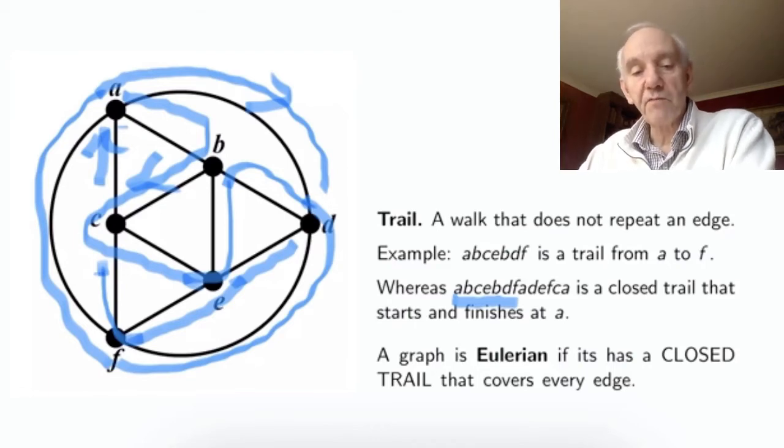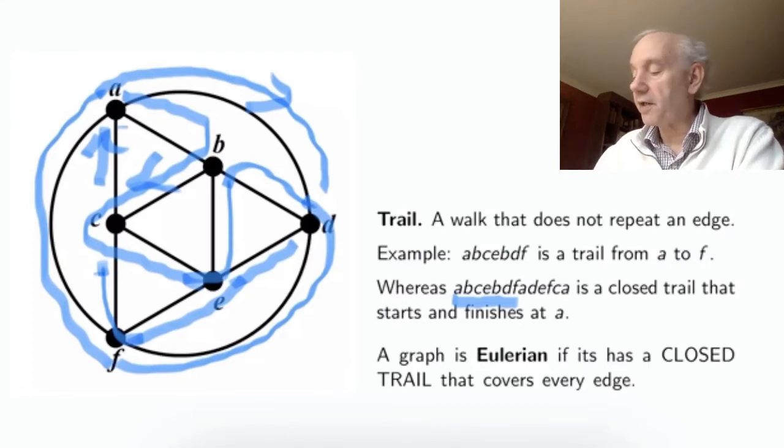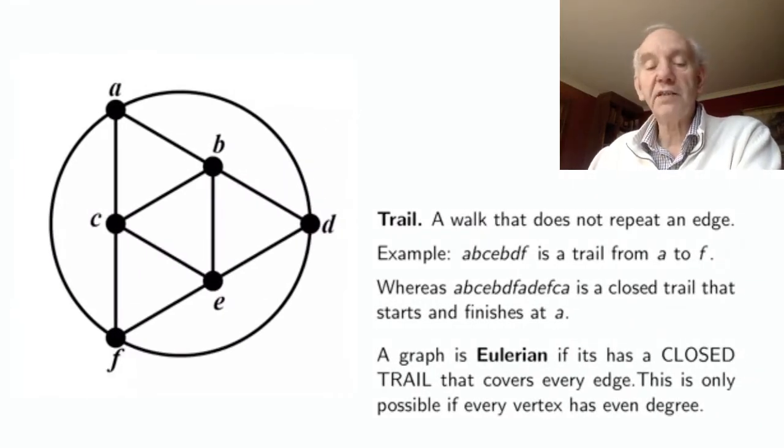Famous problem of the seven bridges of the city that's now called Kaliningrad. And if you have a closed trail that covers every edge, the graph is called Eulerian. Now, the key observation about the existence of such an Eulerian trail is that it can only exist if every vertex has even degree. Okay, in this case, that's true.